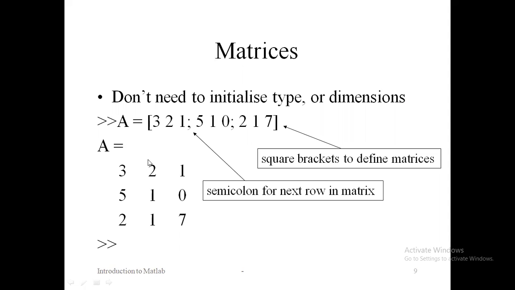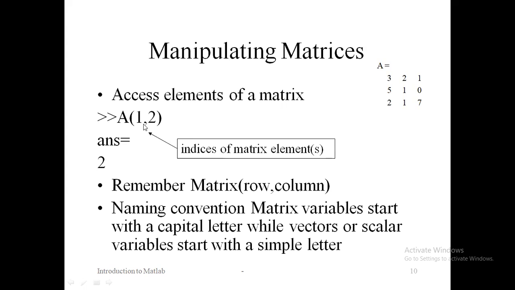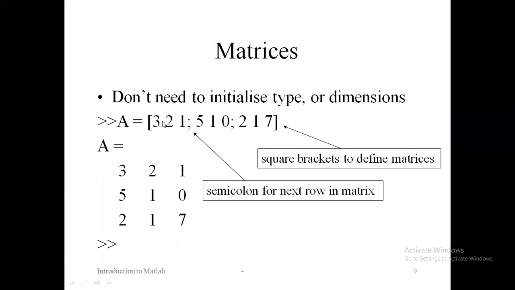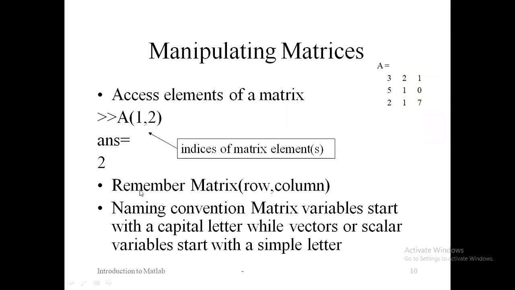So if you write a(1,2), the element is from row 1 and column 2. If you look into this, this is row 1 and this is column 2, so the element is 2. If you want to find any element, you can write it in the same notation and get that element as the output in MATLAB.